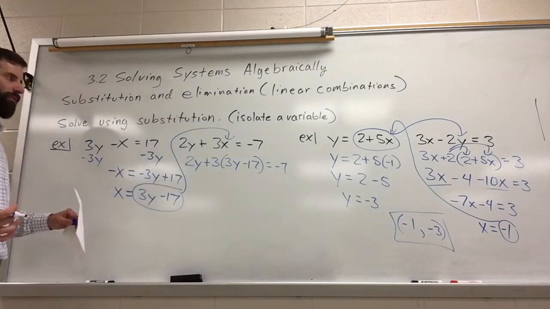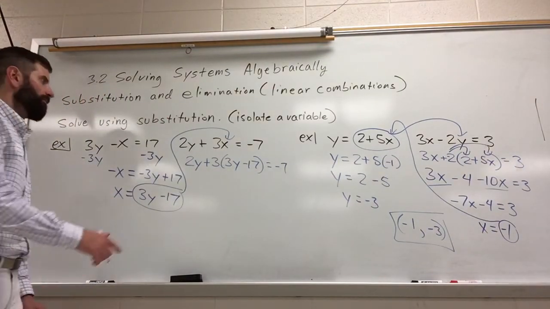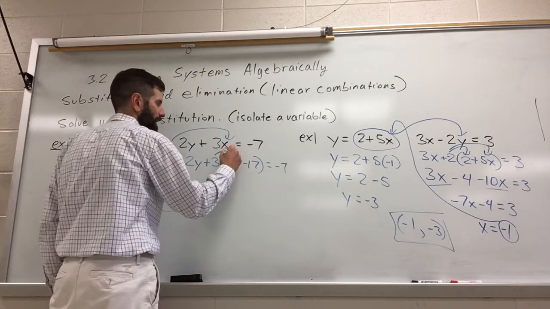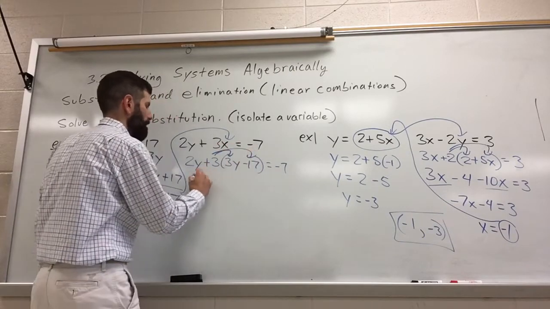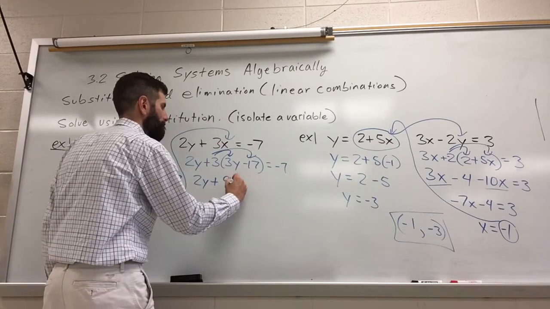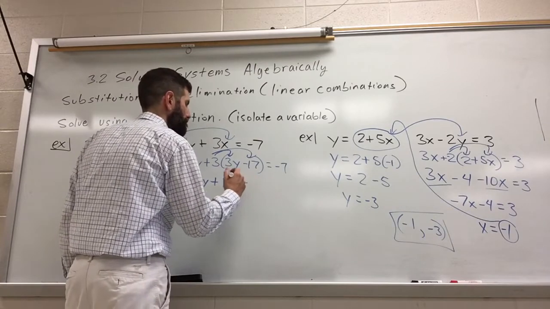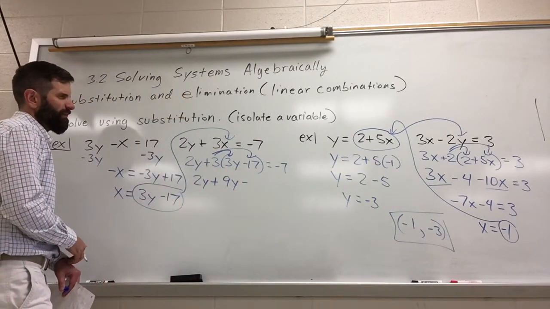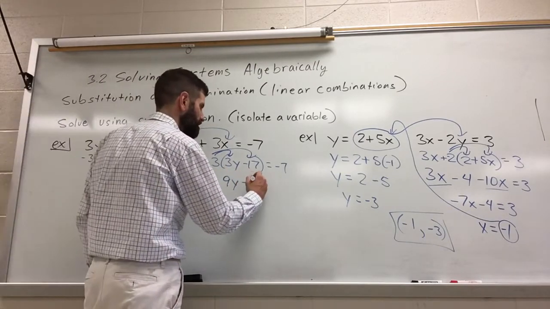And boy, it's a similar sort of pattern on these. Before I can get these y's together, I got to distribute. Let's see, I believe that's going to be 51.